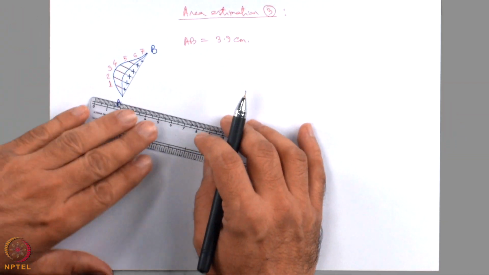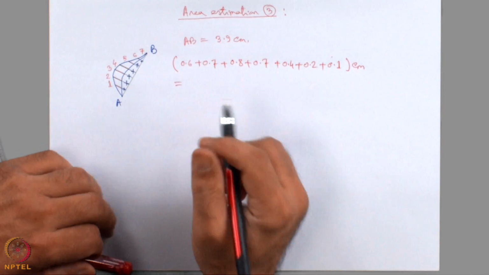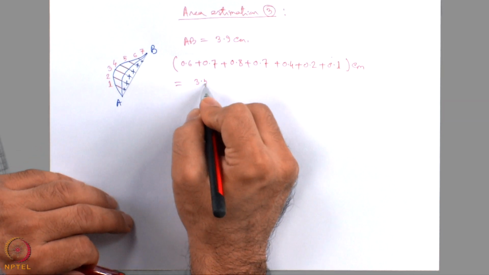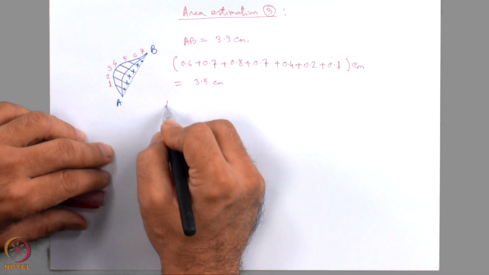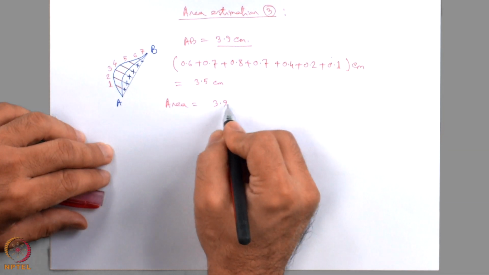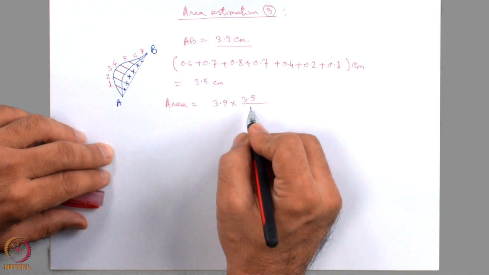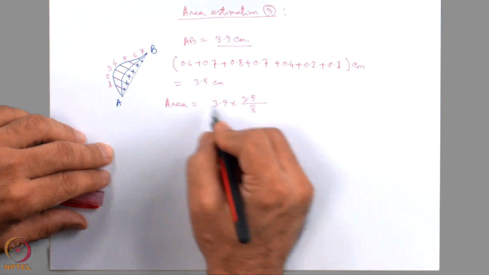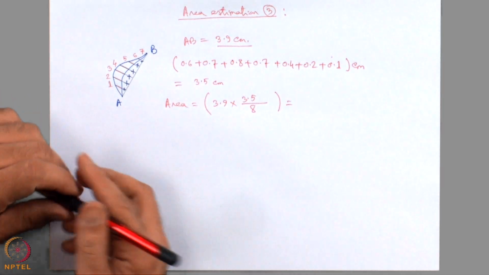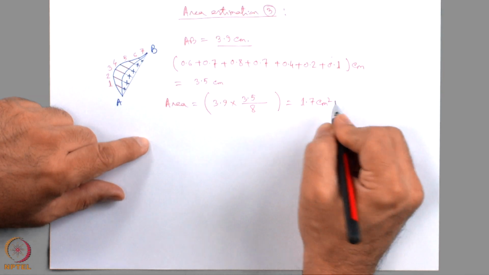These lengths are, which is equal to 3.5 centimeters. Therefore, the area is given by 3.9 multiplied by 3.5 divided by, there were 7 lines. So, divide by 7 plus 1 equal to 8, and this is equal to 1.7 centimeter square.